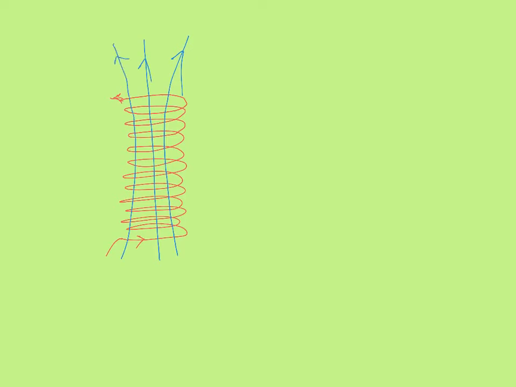If you have a current carrying coil like this solenoid and current flows through it, the lines of force are there like this, and they also bend like this. So if you compare the solenoid with the bar magnet and the lines of force, it is exactly the same.